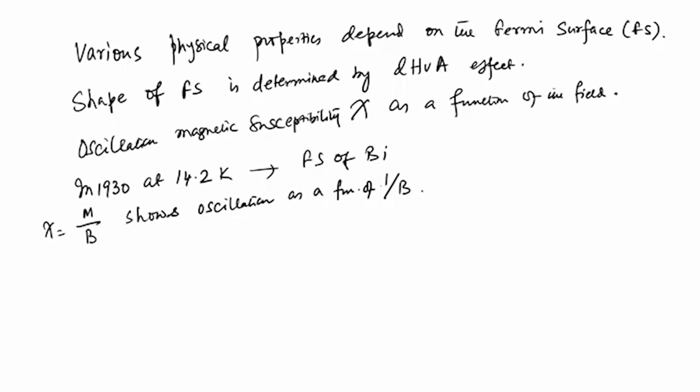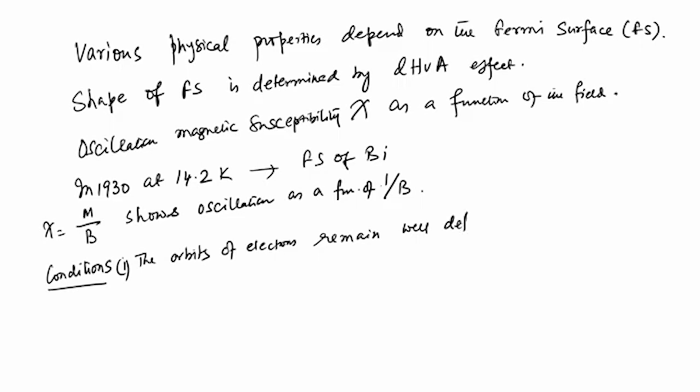Okay. So, there are certain prerequisites that need to be satisfied, and these prerequisites are about the orbits of electrons. So, one of them is that the orbits of electrons remain well defined. This is a very important thing, that even if the electrons scatter in real materials, still the orbits are well defined.